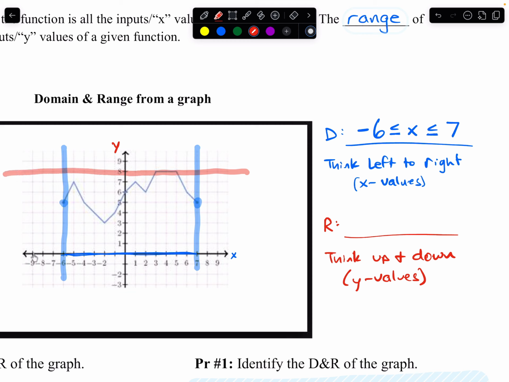It's kind of tied because it's flat right here, but there's no y-coordinate greater than 8 on this graph, and there's no y-coordinate less than 3 on this graph. So anywhere in here is part of the range of the function. So we can write that out as, instead of y, I'm going to put f of x, and the smallest y value we had, I already said, was 3, and the biggest one was 8. And so that would be our range.